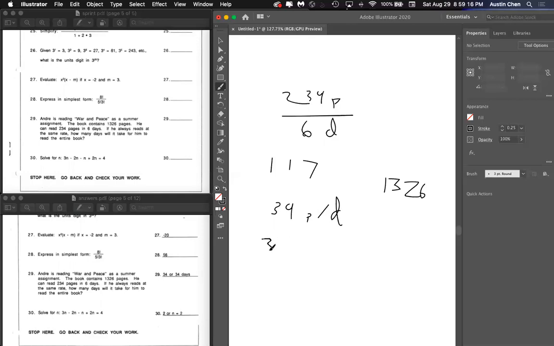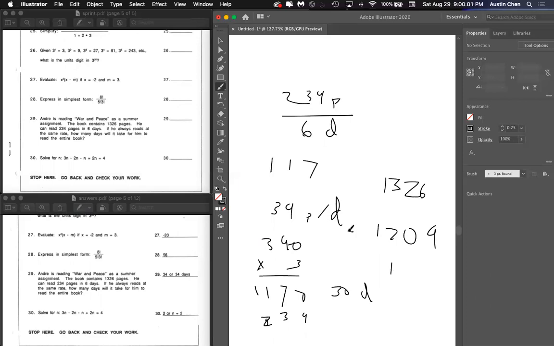Okay, so 39 times 10 is 390, right? If you multiply that by 3, this will be 30 days. Now if we add another 39, that will be 1209.